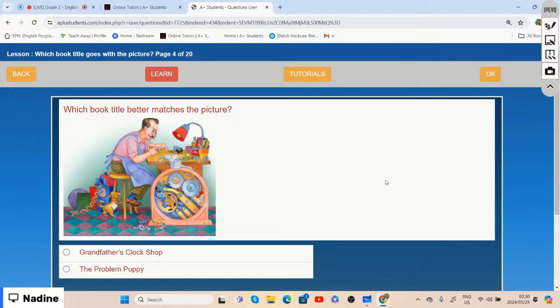Which one is the correct answer? The book title that better matches the picture. So just look at the picture. Do you think it is the clock shop or the problem puppy? Does that cute little puppy look like he is a problem?